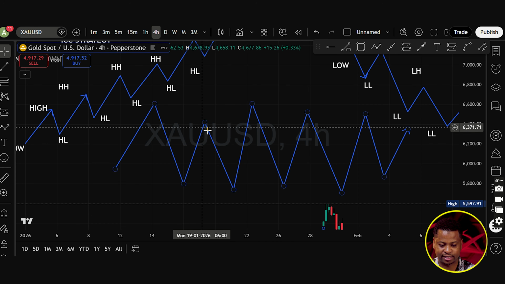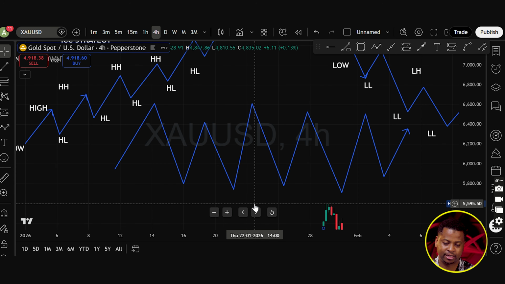You cannot say that it's in an uptrend. You cannot say that it's in a downtrend. You cannot clearly see what trend the market is actually following. You can just see that sometimes it's making a lower low, then it goes and gives us a higher high, then it comes down and gives us a higher low. It is not consistent in the trend. The trend is not consistent.